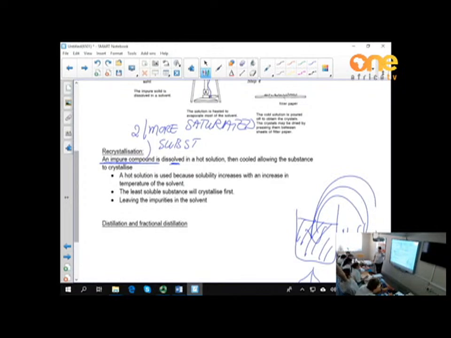Which one will crystallize first? The least soluble. It doesn't want to remain dissolved. The next one, the next one. Okay, so a hot solution is used because the solubility increases with an increase in temperature. As it cools down, it will crystallize, and remember, the least soluble one will always crystallize first.